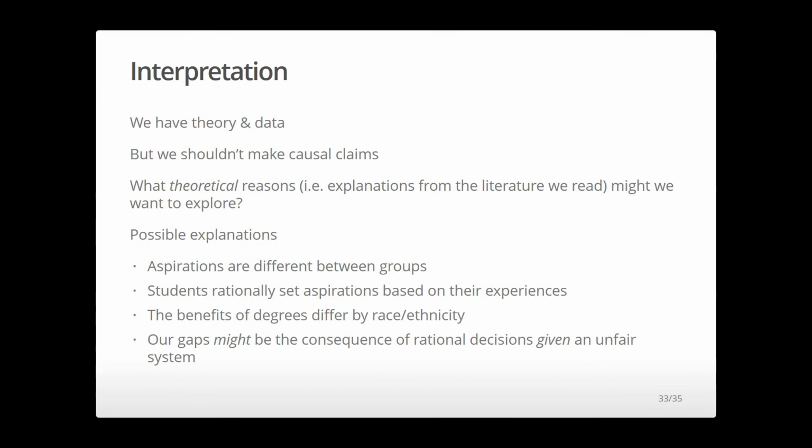Well, we know from Ain't No Making It and economic explanations that students set their aspirations according to what they perceive they're likely to gain from education. It might be that COD's Black students perceive that the benefits of an associate's degree are lower for them than they are for their white or Asian counterparts. And if we dig into the literature again, we find out that turns out to be true. The benefits of a high school diploma, college degree, and professional or graduate degree differ by race and ethnicity.